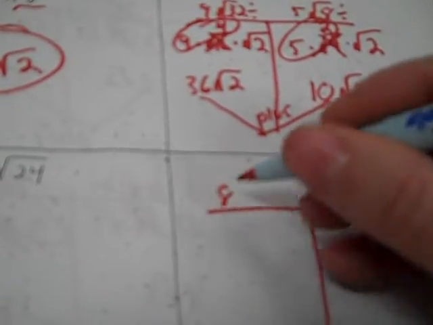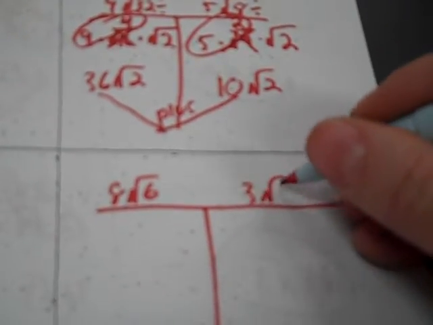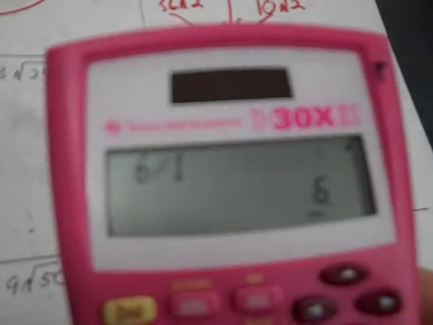Okay, so 8 square root 6, and then 3 square roots of 24. Okay, so 6. It's not in there, so I divide into the 6. So 6 divided by 4 is a decimal. And then I run into 1. You can divide by 1, but it's not going to change. We're going to end up with 8 square root 6.